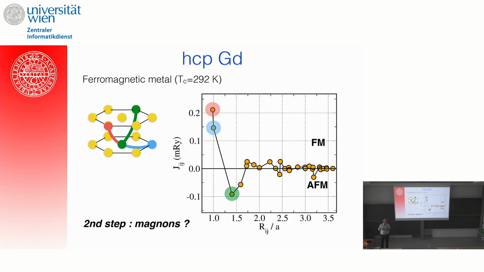This now involves hundreds or millions of spins in a simulation. Then after a while, when the spins had come to an equilibrium at some temperature, we started to do the measurement step, calculating the spin-spin correlation function, from which one can calculate the dynamical structure factor, S of Q and omega. Whenever that has a peak, you expect a magnon or a collective mode.